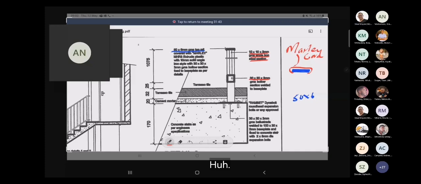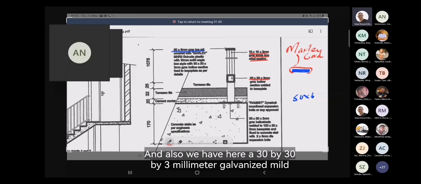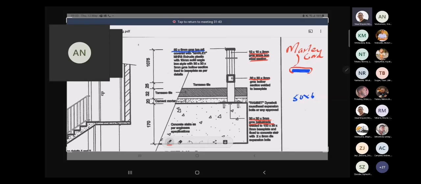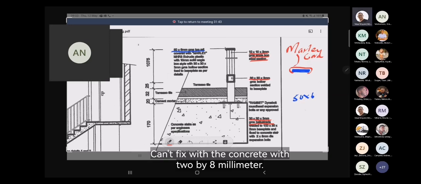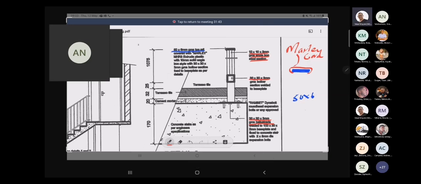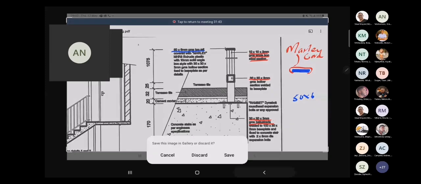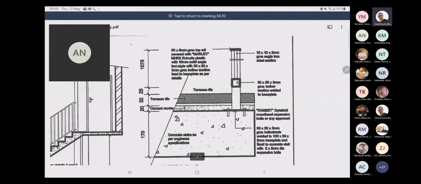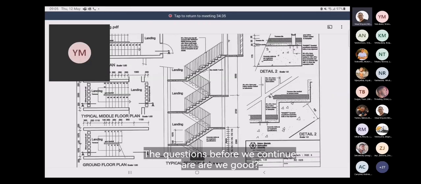And also we have here a 30 by 30 by 3 millimeter galvanized mild steel balustrade welded to the 100 by 30 by 2 millimeter base plate and fixed to the concrete with 2 by 8 millimeter expansion bolts. Okay. The questions before we continue, are we good?